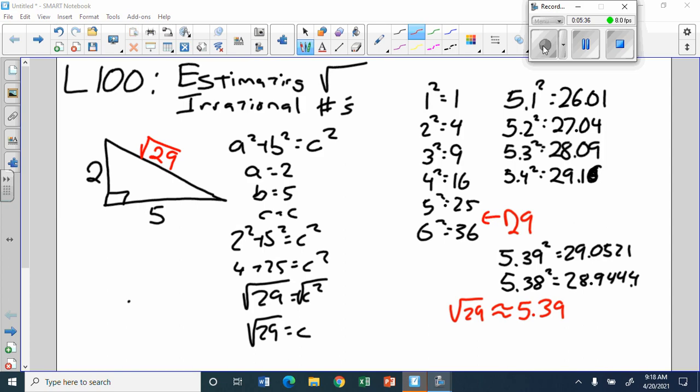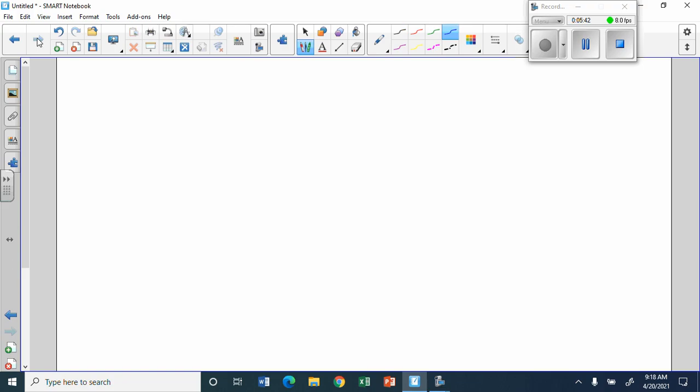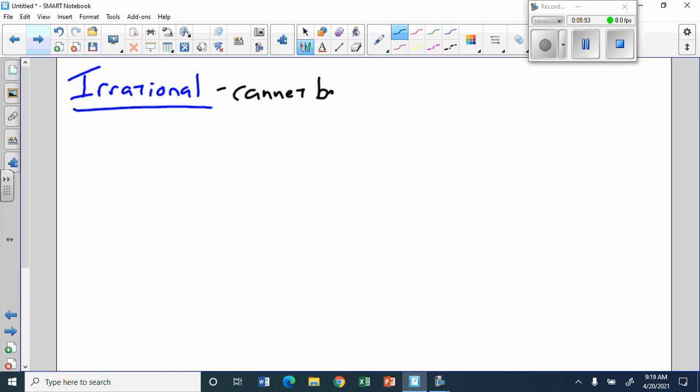Okay. So then as we look at what we have, let's define an irrational number. To be irrational, it cannot be written as a ratio or fraction of integers.